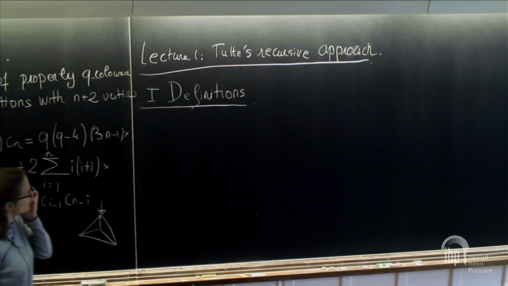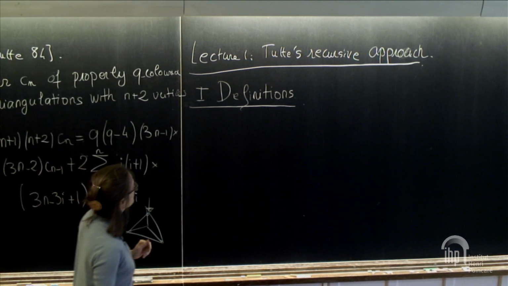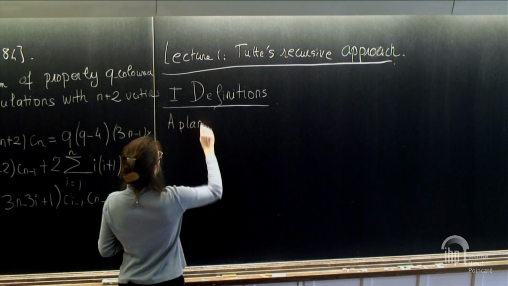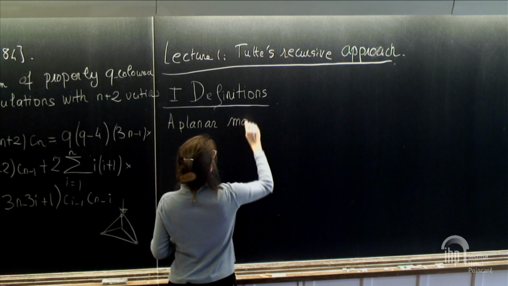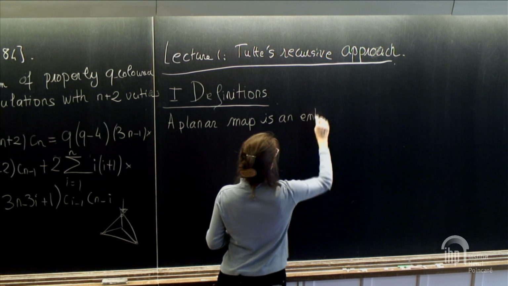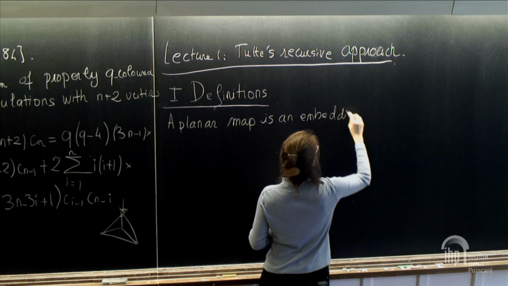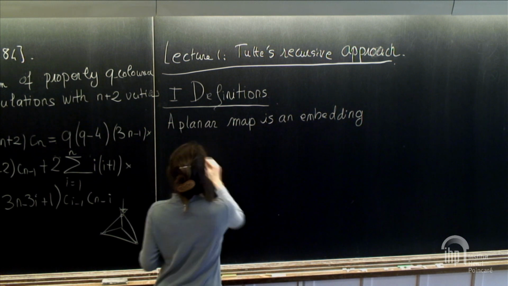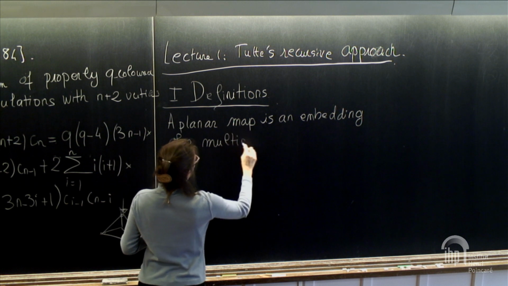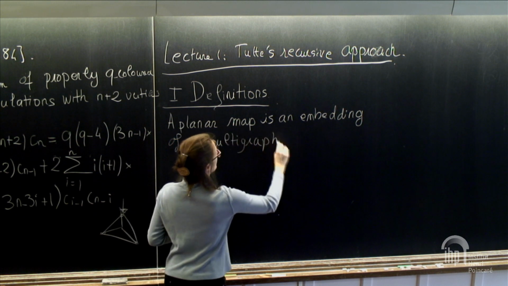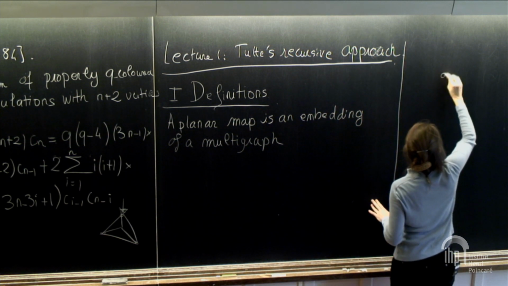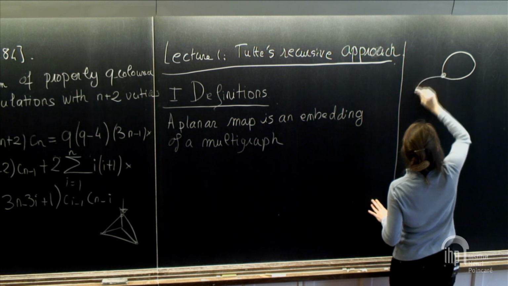And first, of course, what a map and more especially a planar map is. So a planar map is an embedding of some multigraph, and by multigraph I mean that we allow both loops and multiple edges.